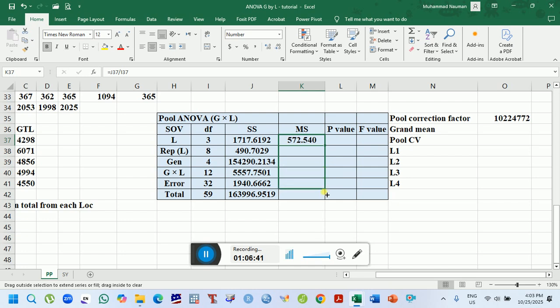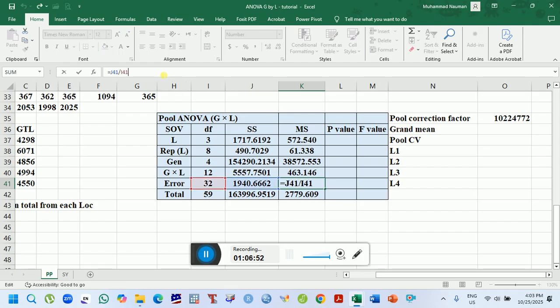It will apply the same references accordingly. You can see by selecting this and clicking on the formula bar, it has automatically selected the sum of square of error and degree of freedom of error.